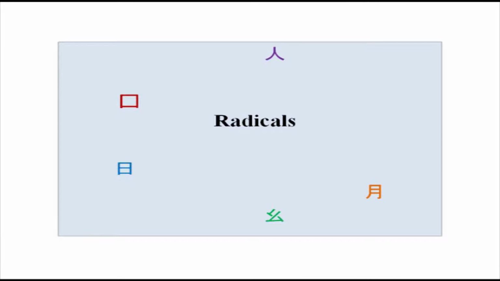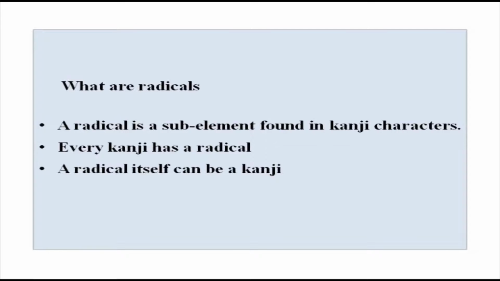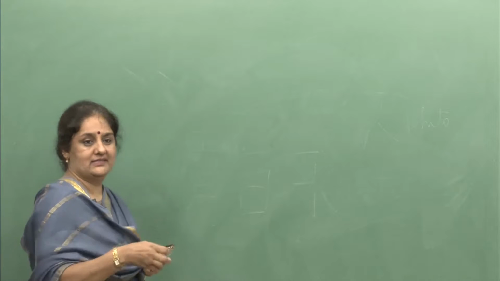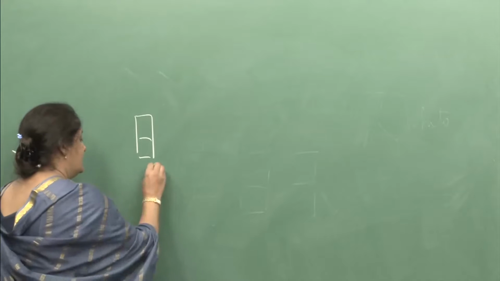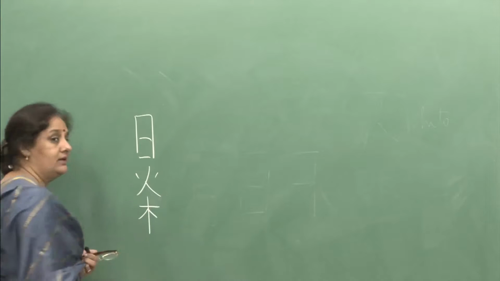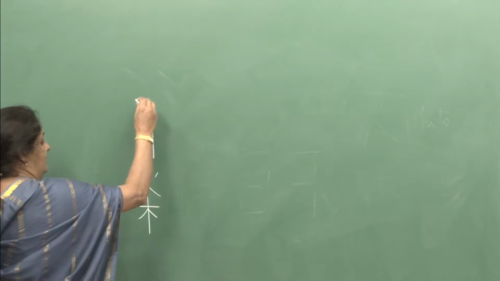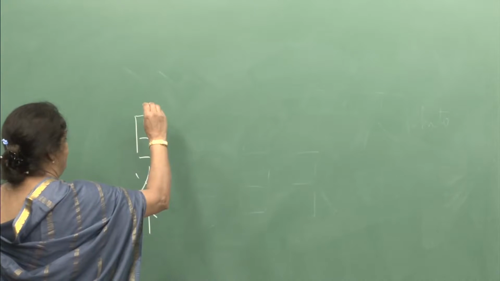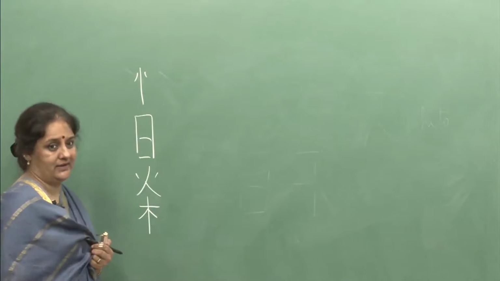Now, this is something new for you. What are radicals? What is this word radical? We have been doing these characters: nichi. We have done hi, we have done ki, we have also done this small character.